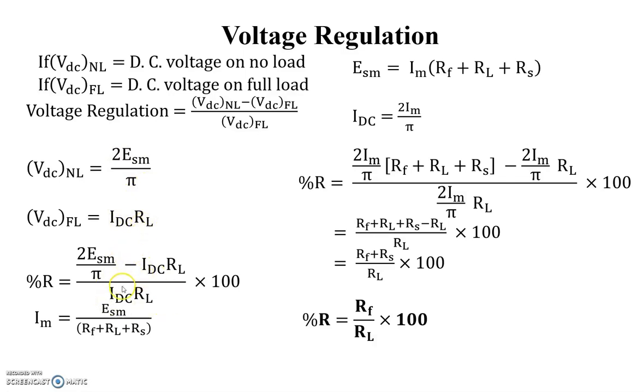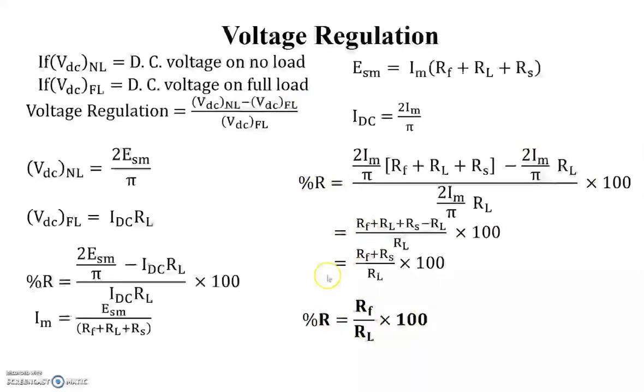So just substitute, and already Im is equal to Esm by Rf plus RL plus Rs. So you find out this into Esm and rearrange this equation. You find Esm, and already Idc is equal to 2 Im by pi. So just substitute this into the regulation formula, and then we will get the final result of this regulation as Rf by RL into 100.